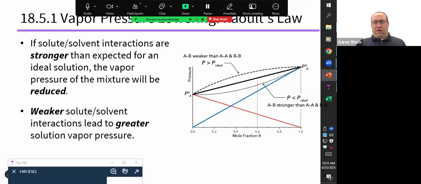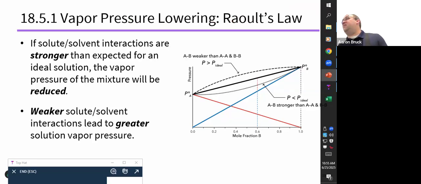So if the interactions between the solute and the solvent are weaker than expected, weaker than the attractions between the molecules in themselves, we're going to see that the vapor pressure ends up being higher than we expected. And if we end up having stronger interactions, then we're going to end up getting even better vapor pressure lowering because of the strength of those interactions.